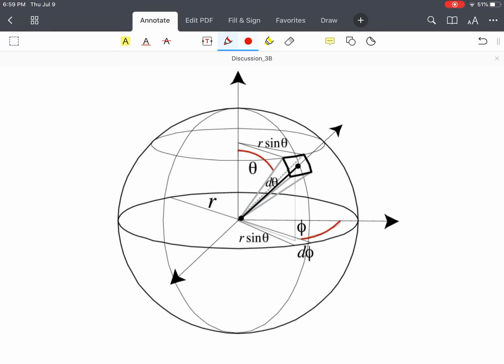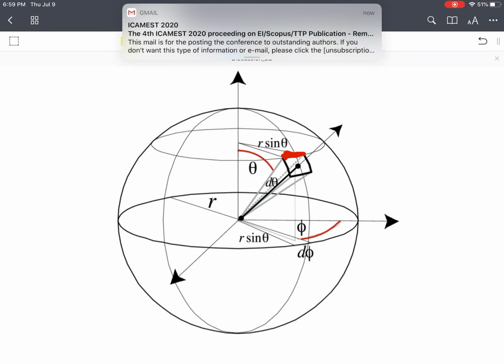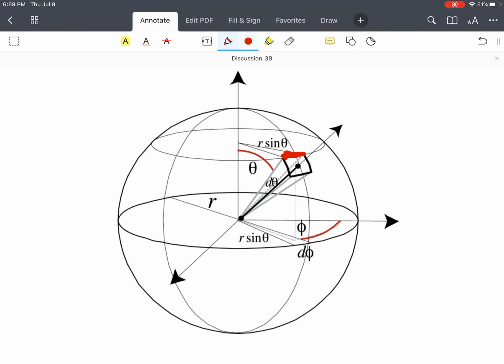And so what is that going to be? So the top of it is given to us already. Look, it says r sine theta times d phi, right? Because that's the equation for the length of an arc. It's the radius times the angle. So it's going to be r sine theta times d phi. That's that right there. And then meanwhile, this side is going to be d theta, right?